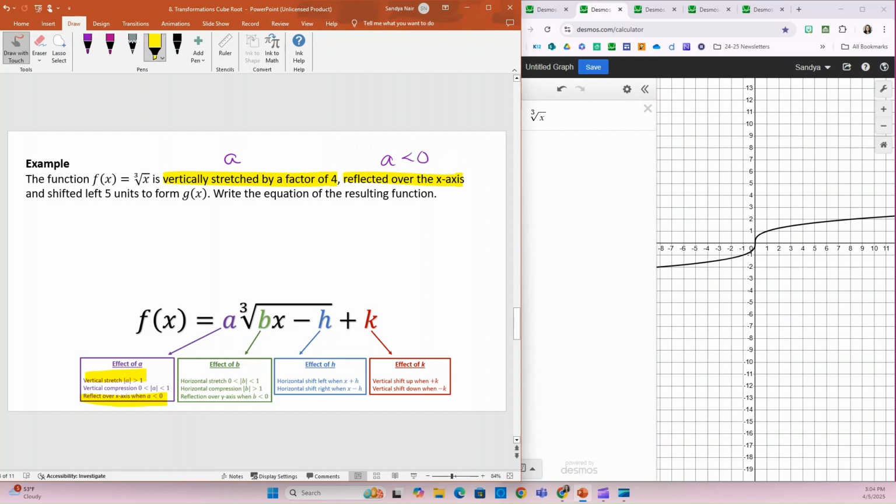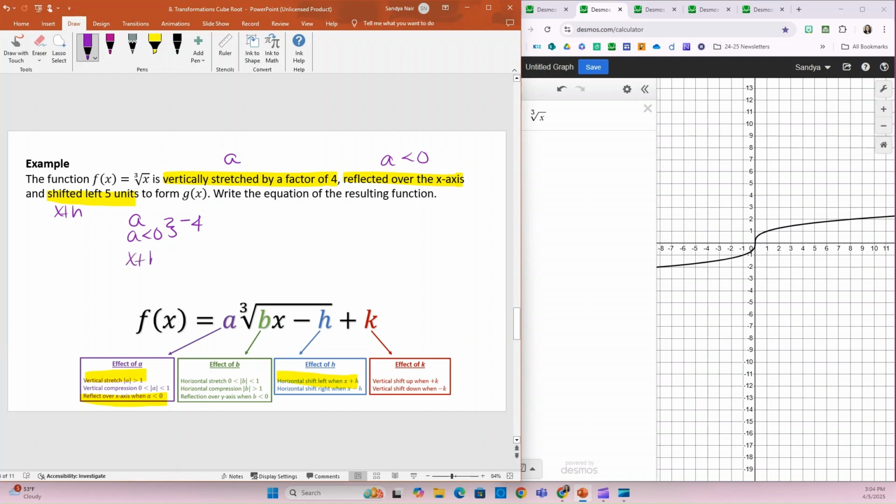And then finally, we have shifted left 5 units. So if we look at our study guide, a shift left is going to be x plus h. Okay, so that means that this is going to represent x plus h. So now let's list out all these values. So we have a, and then we have that a less than 0. So that means that that's going to be 4, but that 4 is going to be negative.